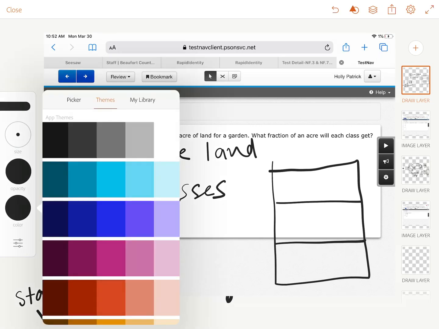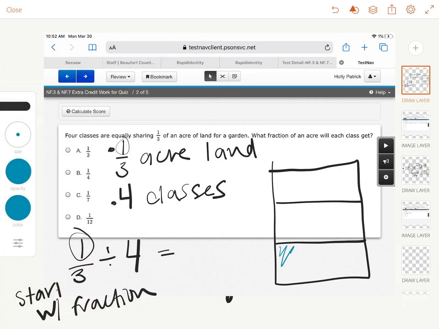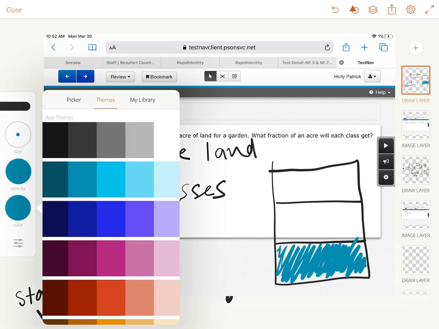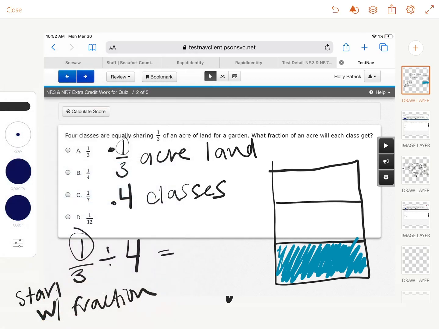They actually have only 1/3 of an acre. Okay, so here's this 1/3, and we're going to split this between 4 classes, which means I'm going to go the opposite direction, and I'm going to split it into 4 equal parts. Okay, so here's 1 equal part, 2, 3 lines, and that makes my 4 equal parts, okay?